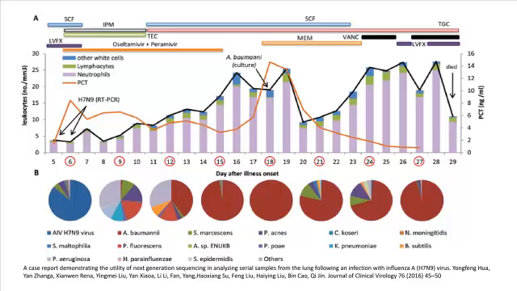The black line is the amplification of the influenza virus from those samples. The top lists treatments with different antivirals and different antibiotics.